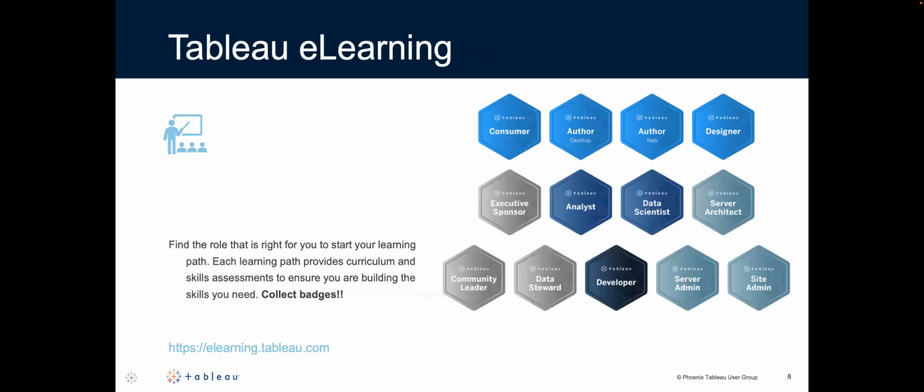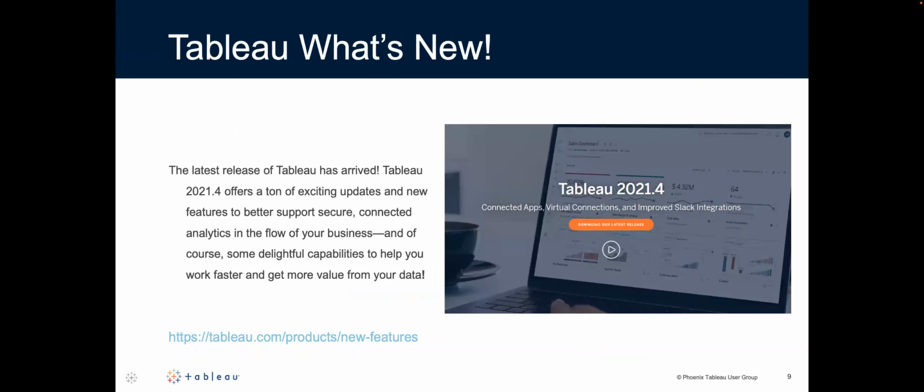All right, so this is a little bit outdated, but if you do go out to this link, tableau.com/new-features, that'll redirect you to the right place. Tableau 2022.1 is actually the latest release. And again, for those of you that might be new or you're just not sure how that works, Tableau releases these updates usually on a quarterly basis.